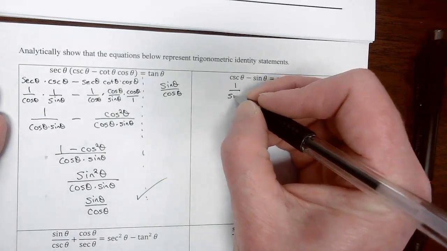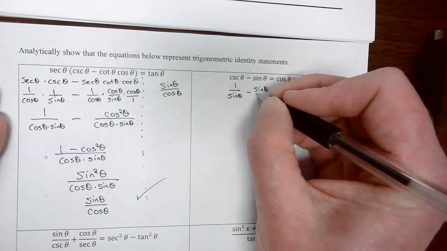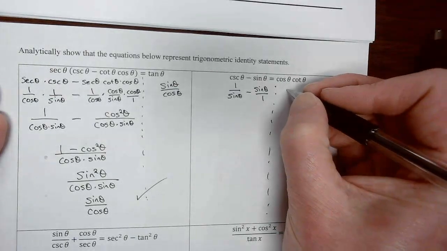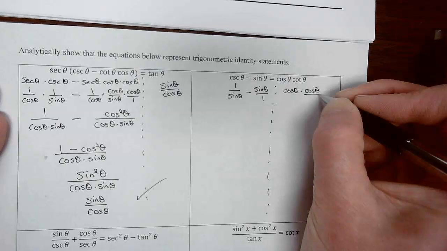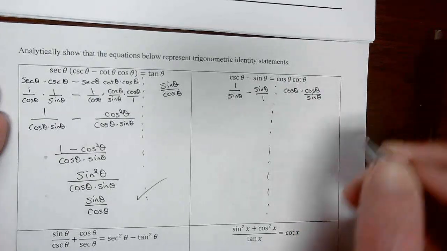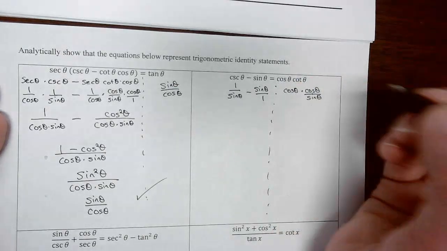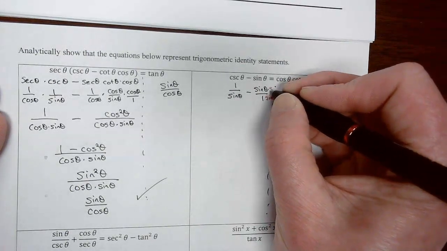1 over sine theta minus sine theta cosine theta times cosine theta over sine. Okay, they definitely do not match right now. But I'm going to make this side combine.